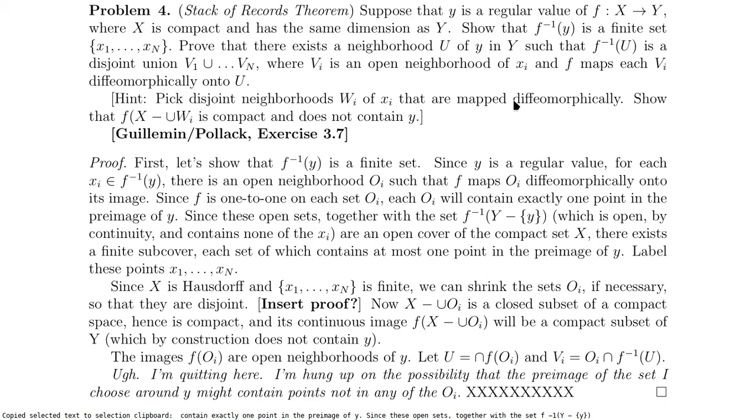Can you say that I think there could be more than one way of choosing your V's for each X and Y. So yeah, more than one way of choosing U and VI's.